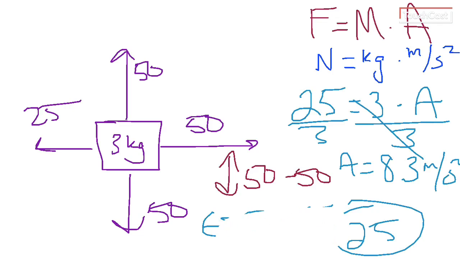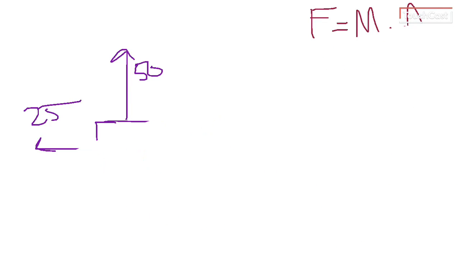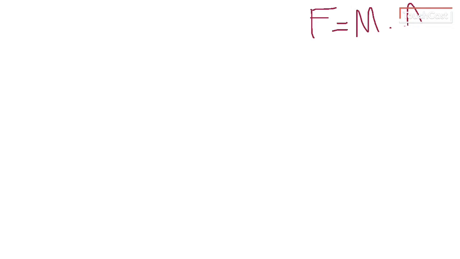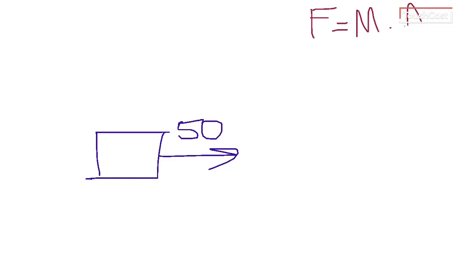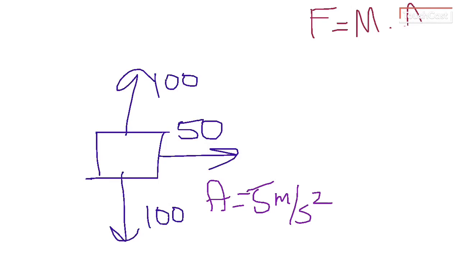This same process can be used to also solve for mass. If I have an object in here and I give you its net force, which let's just say it's 50 to the right, and let's say there's nothing opposing it, which is pretty unrealistic, but just for the sake of space. So we have F equals ma. I give you net force, and I tell you that this object has an acceleration of 5 meters per second squared.